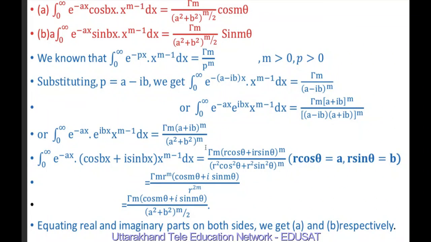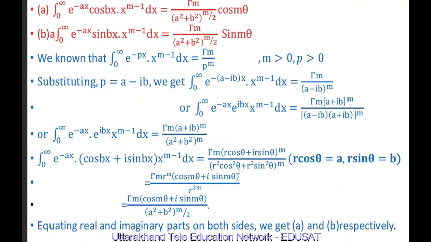This is gamma m. a is r cos theta, b is r sin theta, so (r cos theta plus iota r sin theta) whole raised to m, over (r square cos square theta plus r square sin square theta) raised to m. R can be taken outside, so r raised to m times (cos theta plus iota sin theta) whole raised to m. This is by De Moivre's formula, cos m theta plus iota sin m theta, because (cos theta plus iota sin theta) whole raised to m is cos m theta plus iota sin m theta.